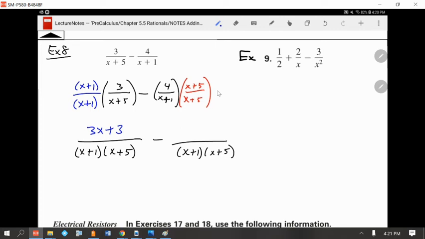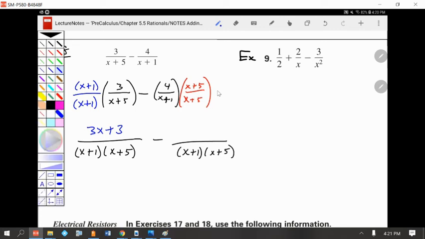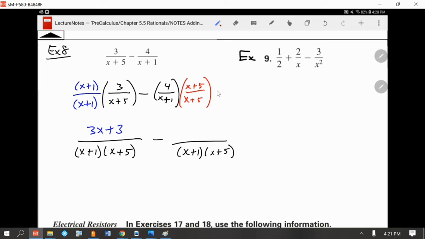So notice on number 8, there's this minus sign. So how do we handle this minus sign? Again, change this minus to addition of the opposite. Make 4 negative. That might help you to remember to distribute. So this is plus now. Negative 4x minus 20.